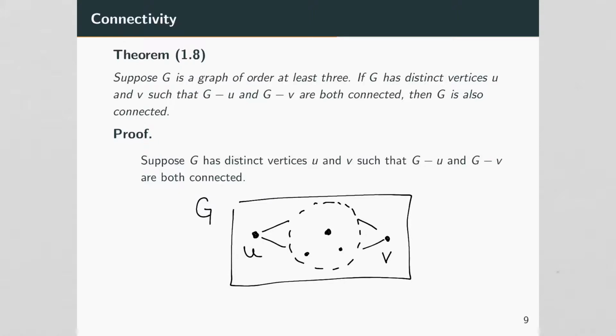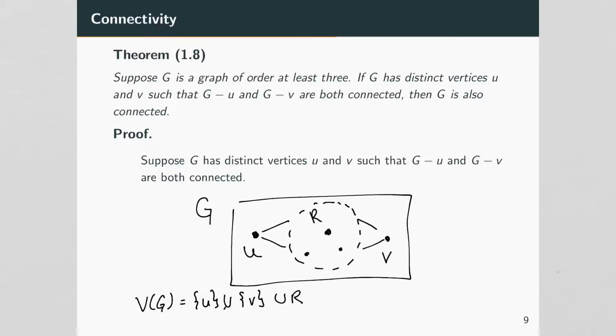So here's my general picture of what my graph looks like. So let's give the vertices in the middle here a name. Maybe we'll call that set R for the rest of the vertices. So my vertex set I can think of as being U, V, and the rest.